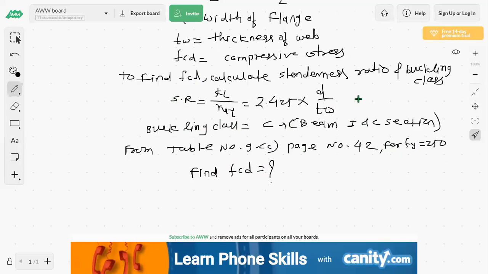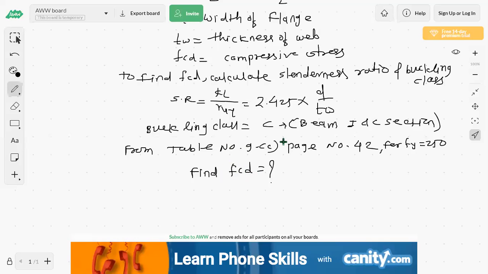Earlier we did this calculation: how to calculate FCD, how to go to table number 9C, page number 42 for Fy 250. We have to do interpolation: FCD1 minus lambda 1 divided by lambda 1 minus lambda 2 into FCD1 minus FCD2. That formula for FCD calculation we have seen. Are you getting?